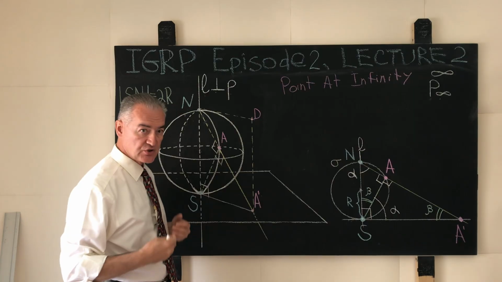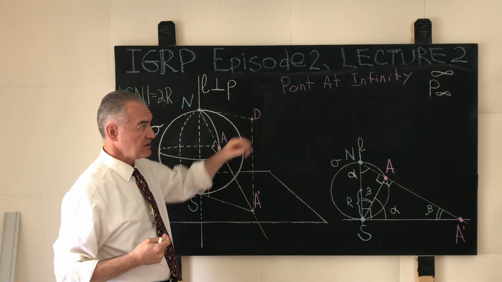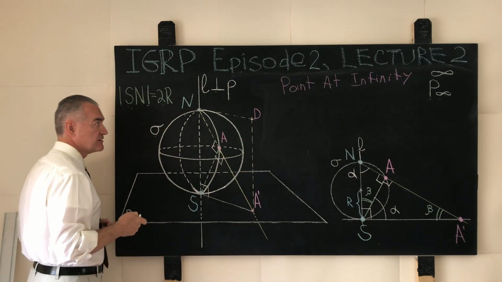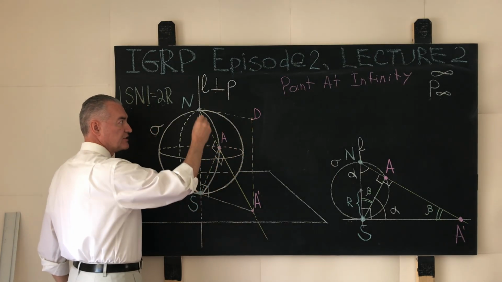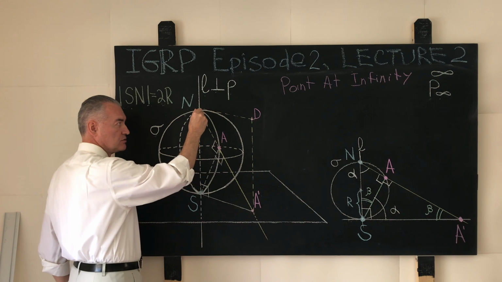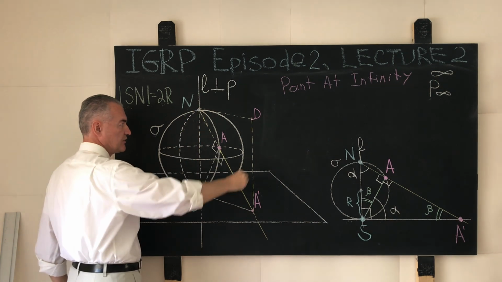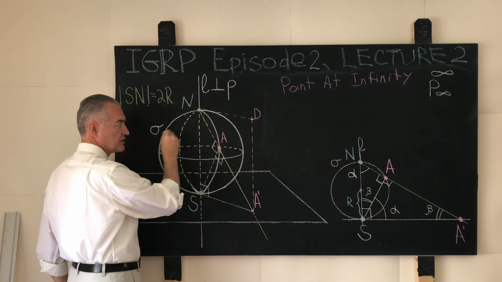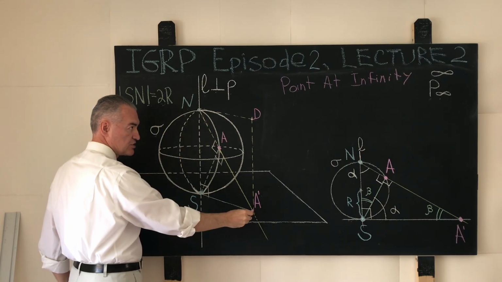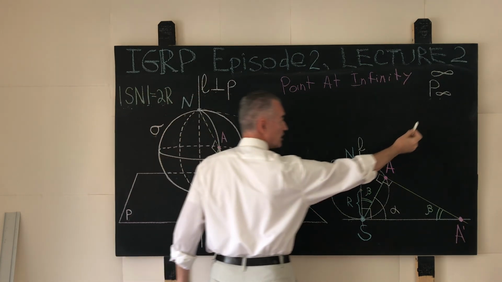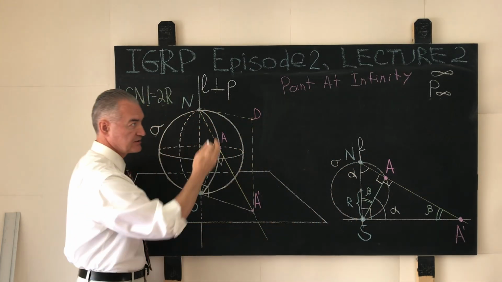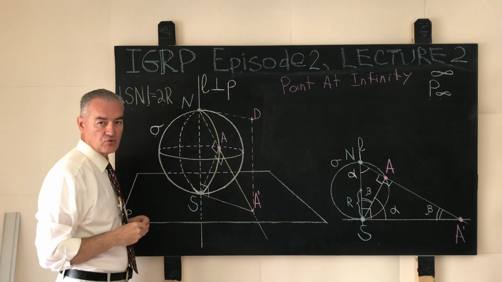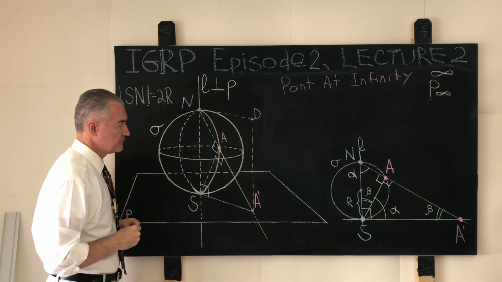But once we introduce that point at infinity, then it is taken that the genuine image of the north pole of the Riemann sphere named sigma under the corresponding stereographic projection is precisely the point at infinity, which we designate as shown on the right hand side of your screen.